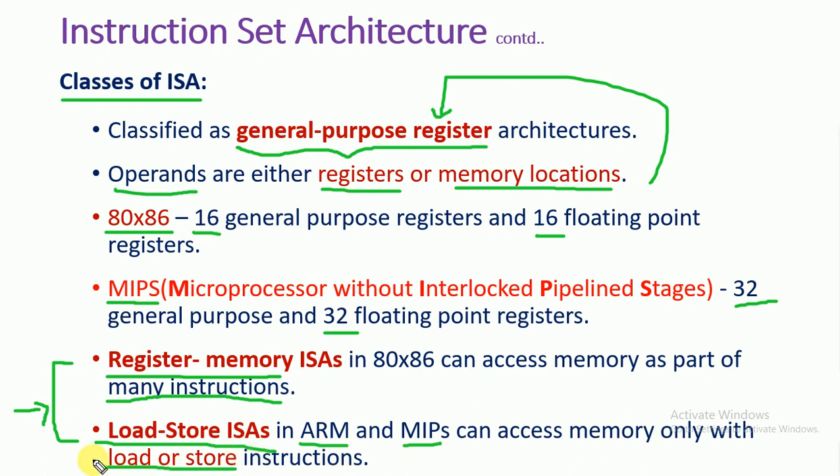So for all memory access we require a load or store instruction in the case of ARM and Mips. These are two different types: some processors follow register memory ISA architecture, some follow load store ISA architecture. All these come under general purpose register architectures, and most processors follow only general purpose register architectures.